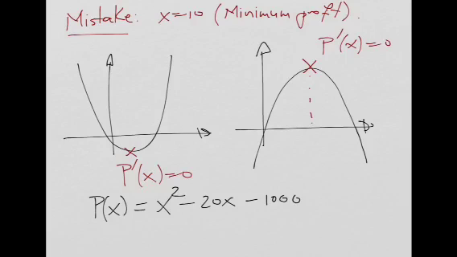The coefficient of x squared is understood to be 1, right? Because this coefficient is greater than 0, we get a quadratic that's pointing up, right? So I'm actually getting a minimum profit, not a maximum profit, right? So you just have to be careful about that.